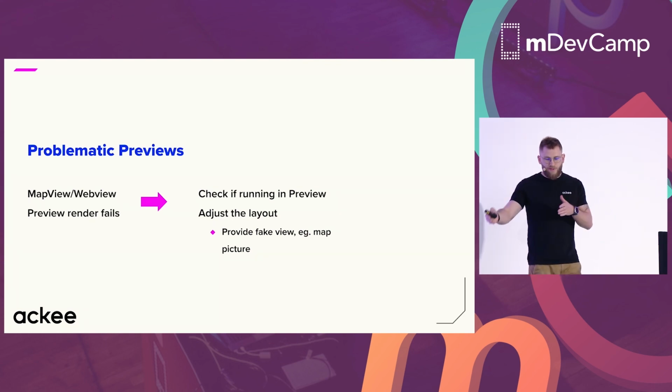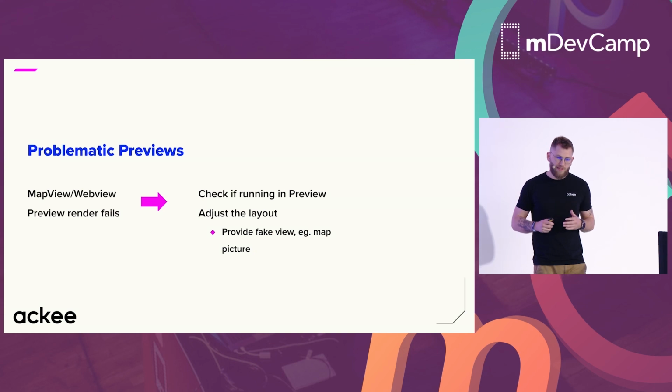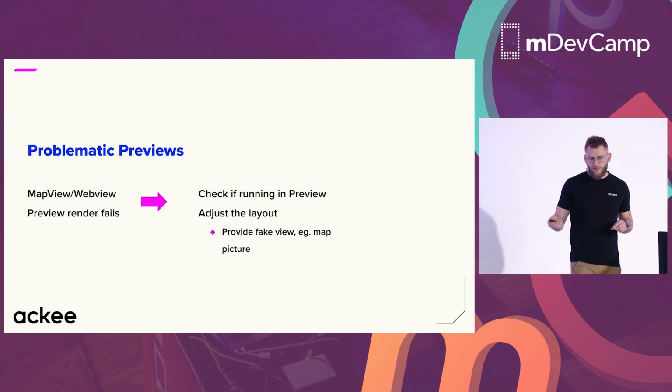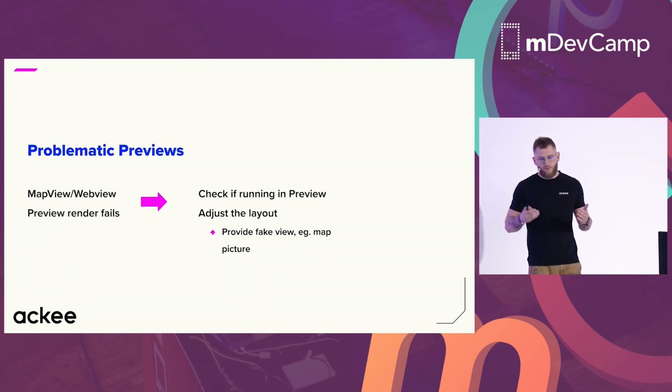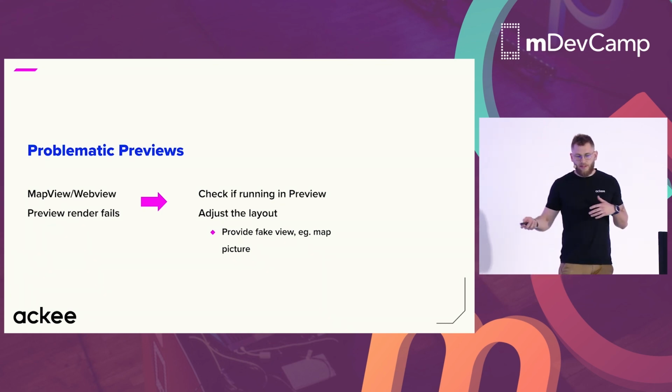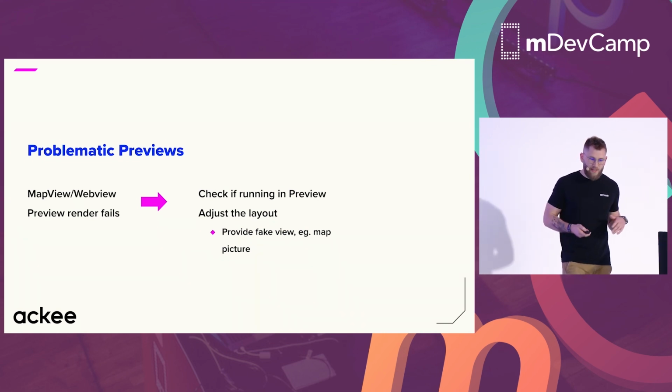And for example, if we normally use a map view somewhere, we will provide some fake view, for example, just an image of this map. So we present something meaningful in the preview or in a screenshot, but we don't let the test fail.